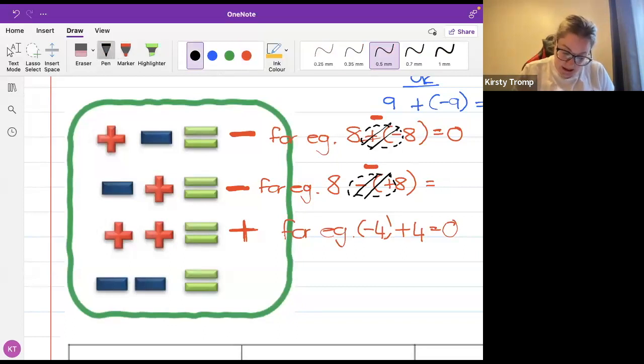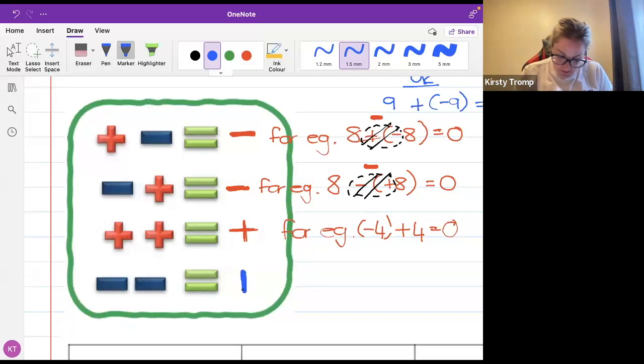So 8 minus 8 will give me 0. And finally, the last one that we've got here is the power of the negative number. So when I see a negative sign and a negative sign next to each other, it's always going to give me a positive.